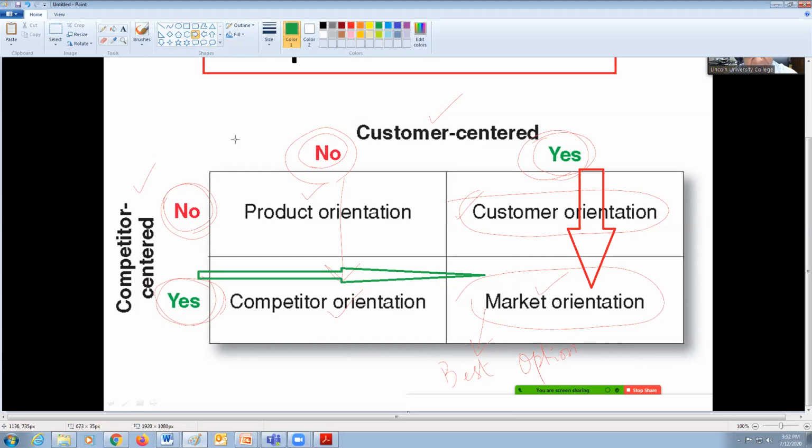So this market orientation, what do you mean by market orientation? Market orientation means that suppose you want to sell this bottle. You decided to sell at $3. When the customer comes in, the customer says, no, this bottle was sold at another shop for $2.